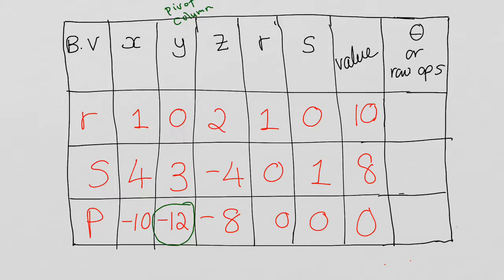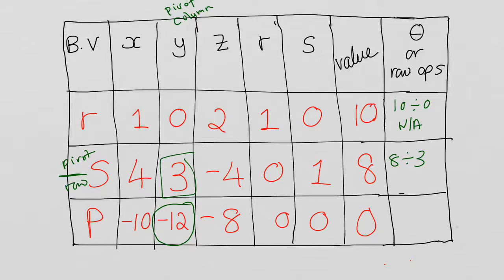Now this one I'll be dividing by 0, which isn't actually possible. So 10 divided by 0 is not applicable, so I can't use that one anyway. This one would be 8 divided by 3. So I'm going to have to go for this one as my pivot row. So this in here, that's my pivot element.